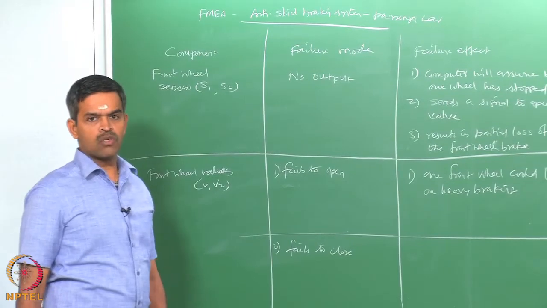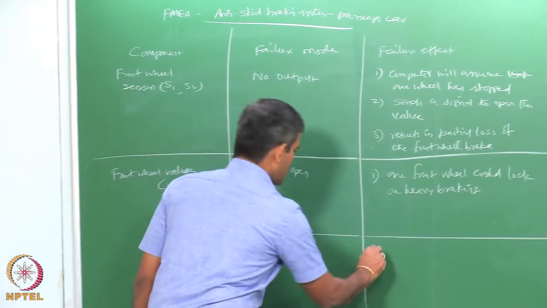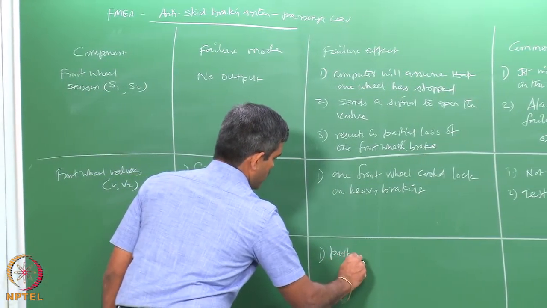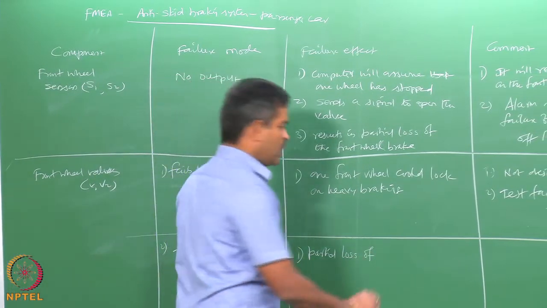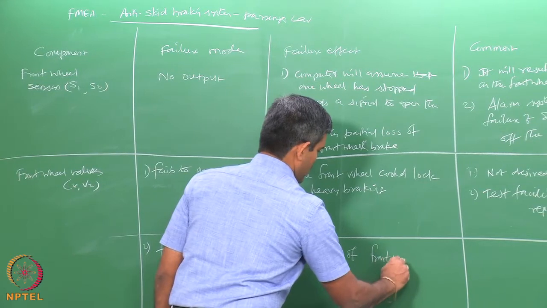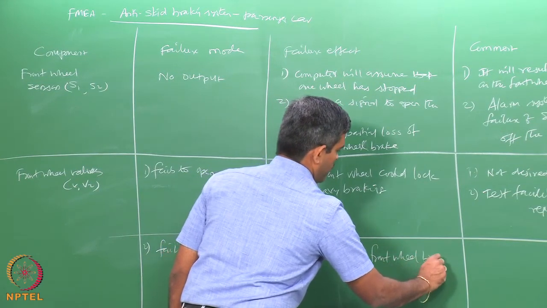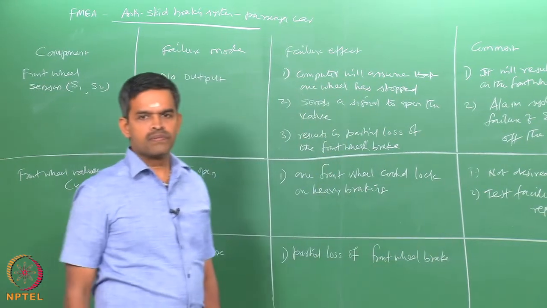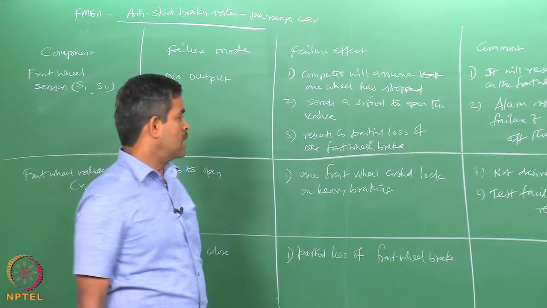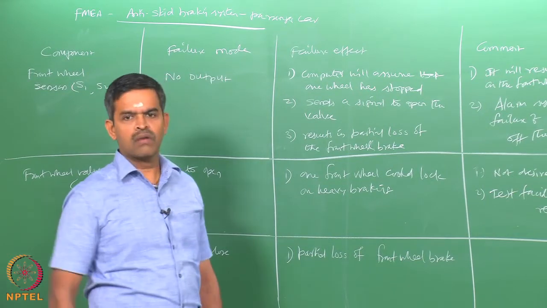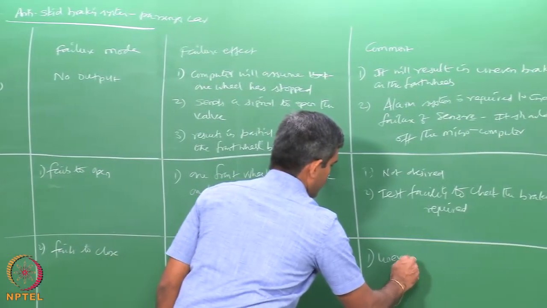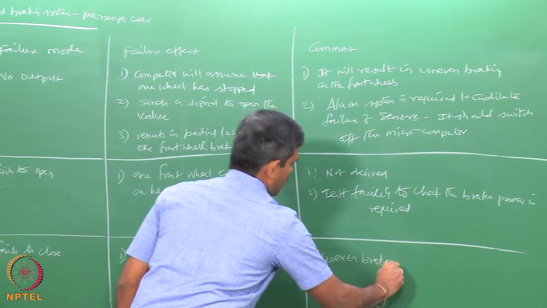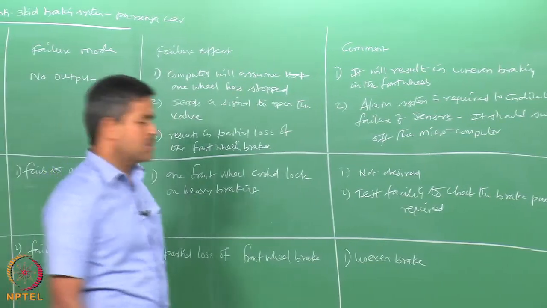If the valve fails to close, it will result in partial loss of the front brake or front wheel brake. That is the failure effect or the consequence. It will result in uneven braking on the front wheels.